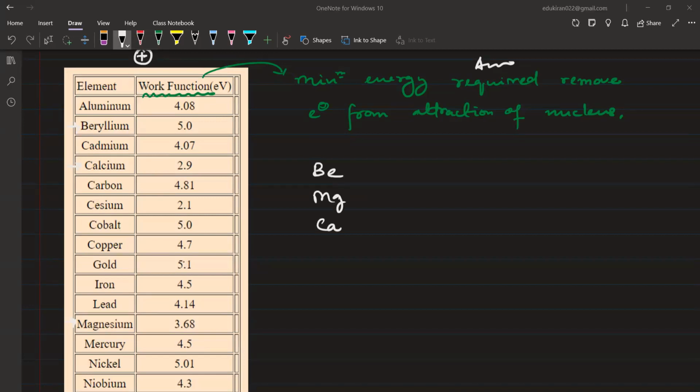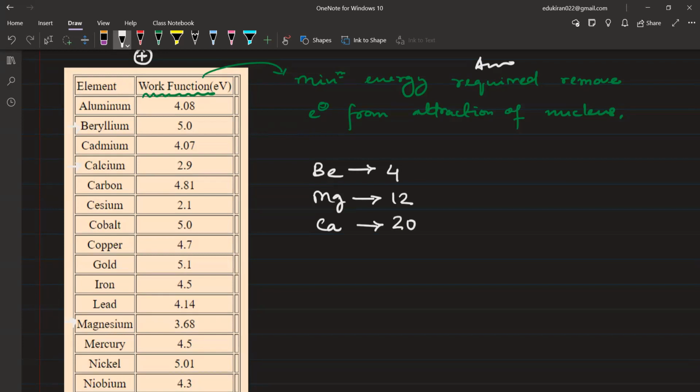Yes or no? Please tell me. Hannah, what is the atomic number for beryllium? 4. For magnesium? 12. Calcium? 20.